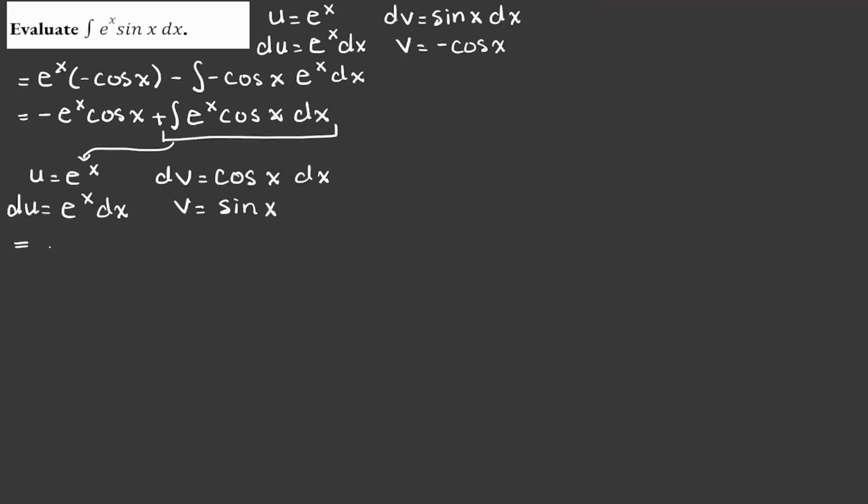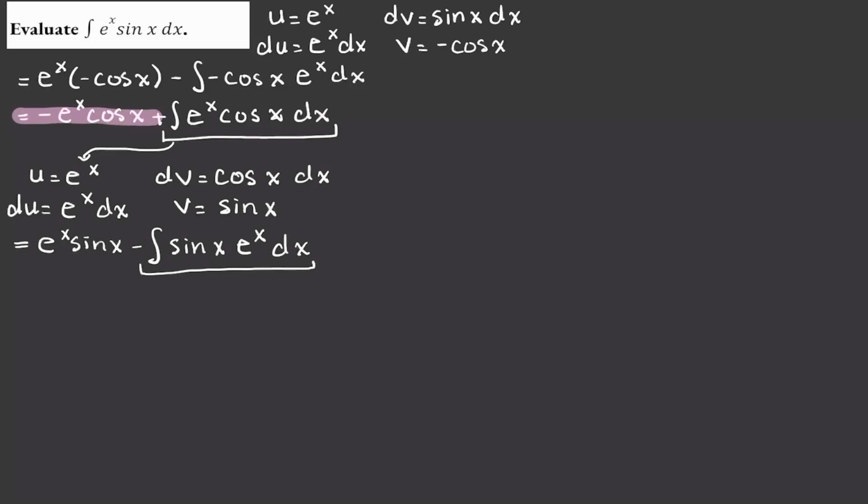Putting it into the equation, u times v is e to the x times sine of x minus the integral of v, which is sine x, e to the x dx. Now notice that this integral right here is the same integral we started with at the beginning. So in this situation, we are first going to rewrite our solution.